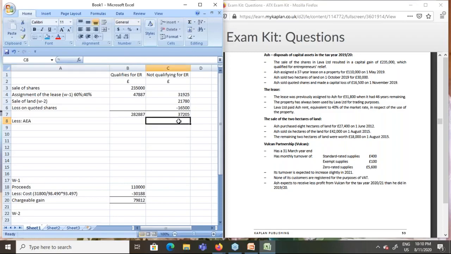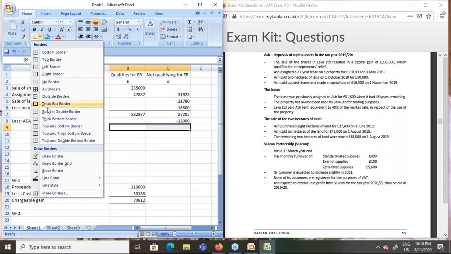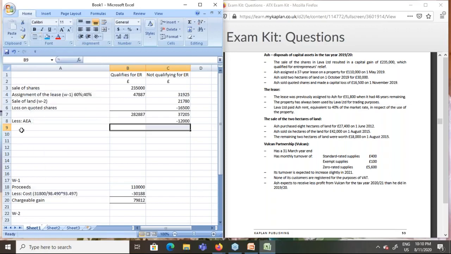How much is that? 12,000 pounds. So you get the taxable gain here. Here, it will further come down because of the annual exempt amount: 282,887 and 25,205.